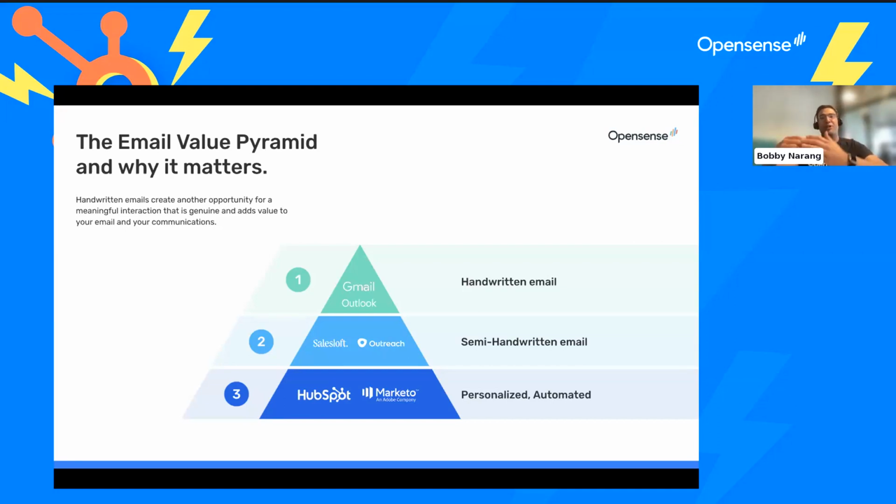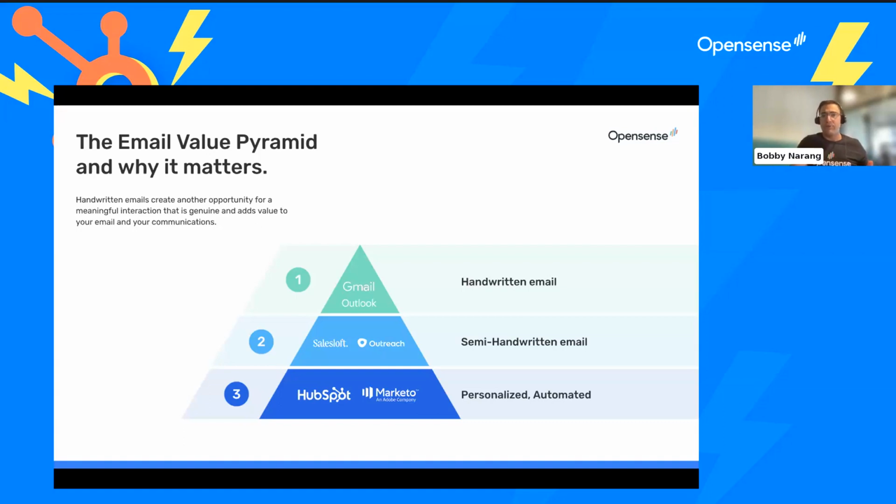The next level up is a really interesting category, which are the semi handwritten emails. Think of these as the messages that your SDR team spins up out of SalesLoft or Outreach. They're semi personalized. You've got the merge tokens and maybe there's a little bit of real time personalization that the SDR provides before they fire it off. But again, it's still somewhat bulky in nature.